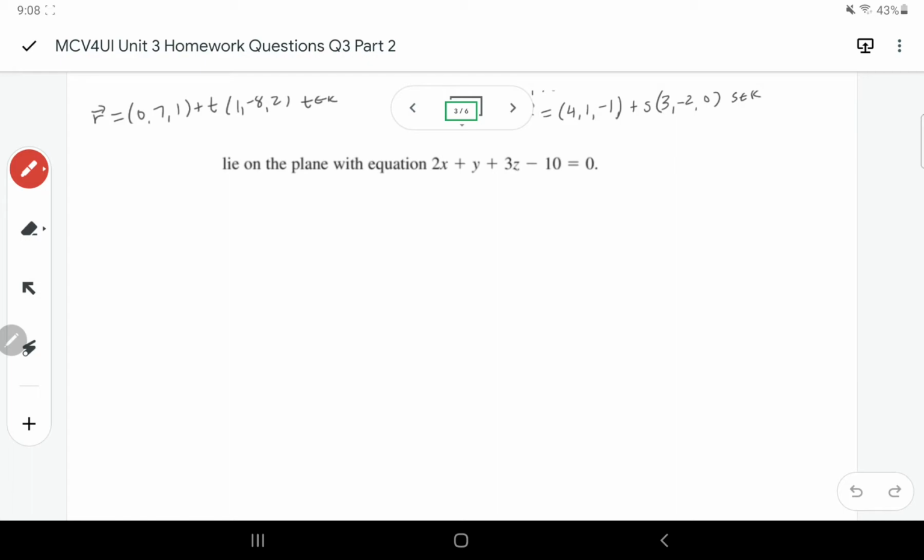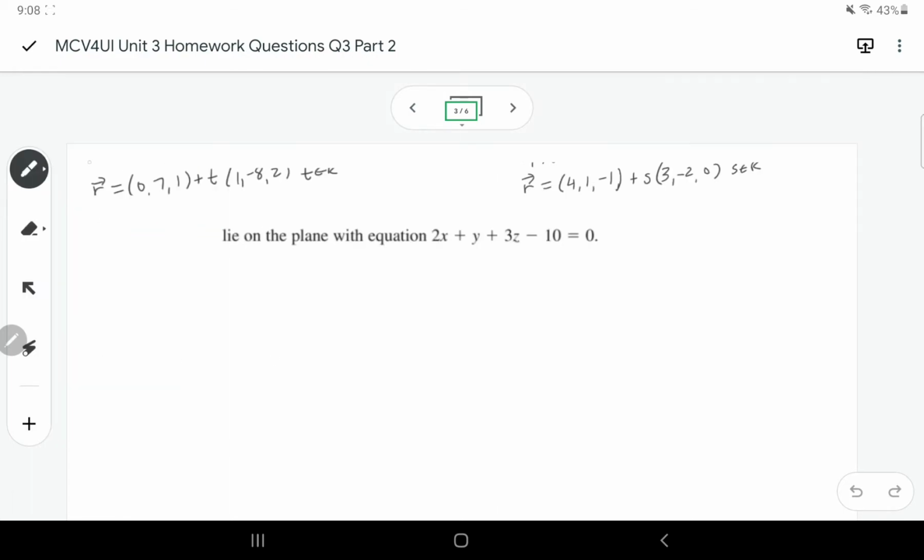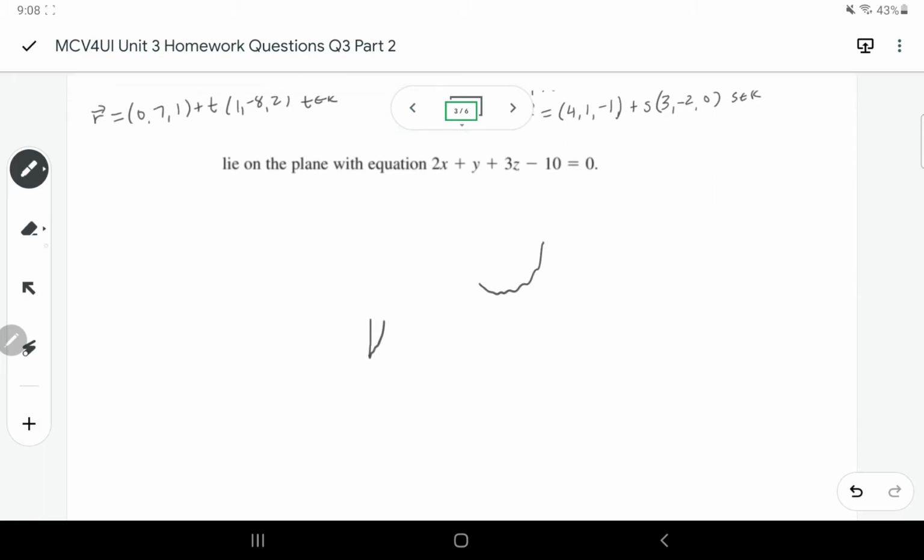So I've copied these up here. The first thing I want to check for L1 is the direction vector, and I know my normal here would be (2, 1, 3). So is the direction vector perpendicular to the normal? I'm going to do (1, -8, 2) dot (2, 1, 3).